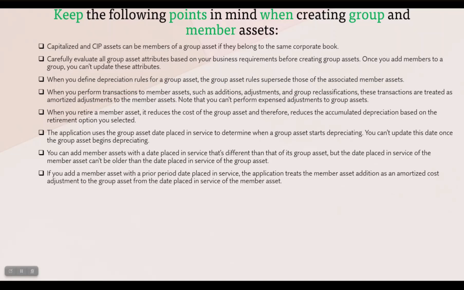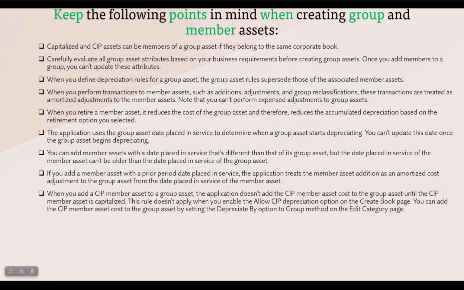If you add member assets with a prior period date placed in service, the application treats the member asset addition as an amortized cost adjustment to the group assets from the DPIS of the member asset. When you add CIB member assets to group assets, the application doesn't add the CIB member asset cost to the group assets until the CIB member asset is capitalized.